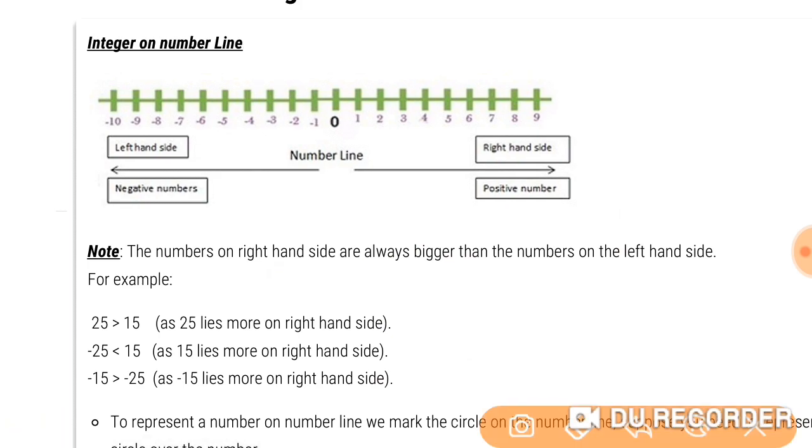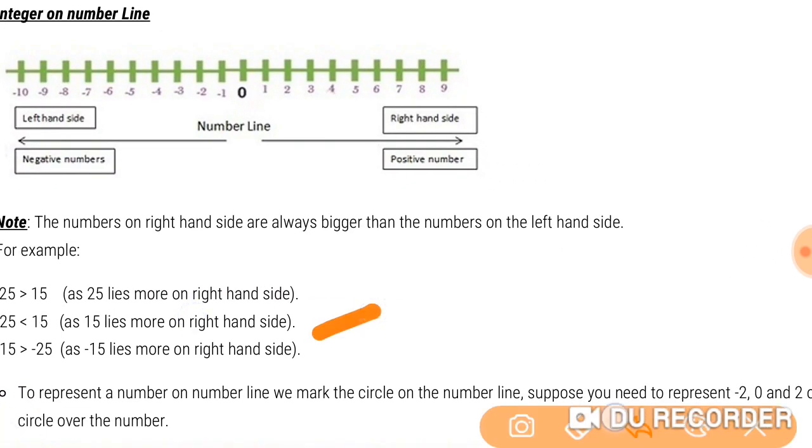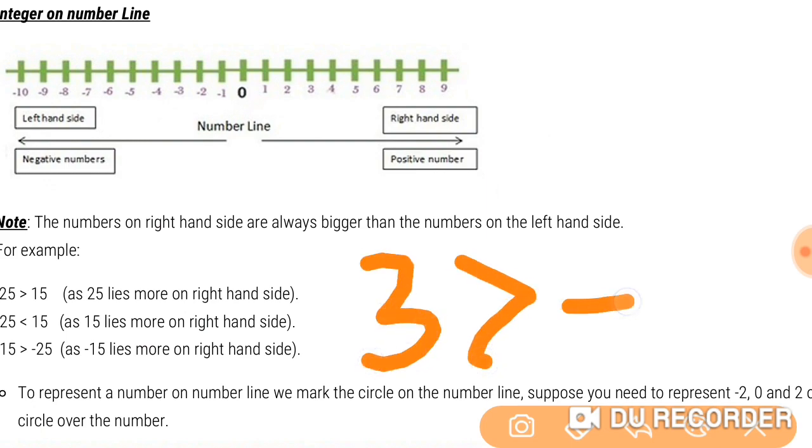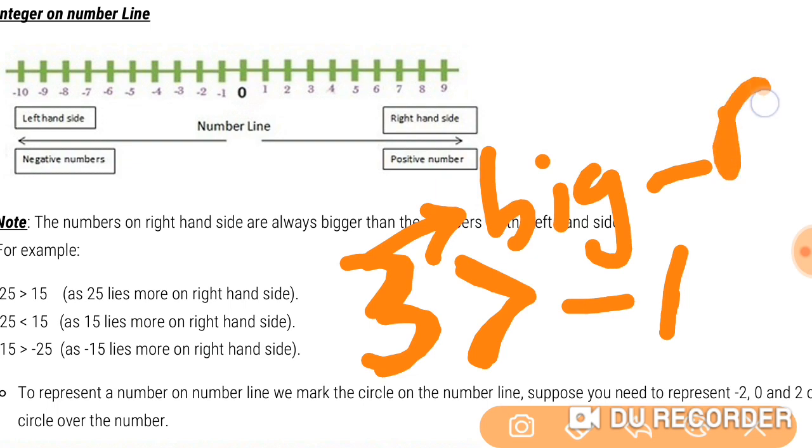I have taken as an example 3 is greater than minus 1. See the pictures here. Greater in the sense 3 is bigger. Bigger should be on the right side of this number.